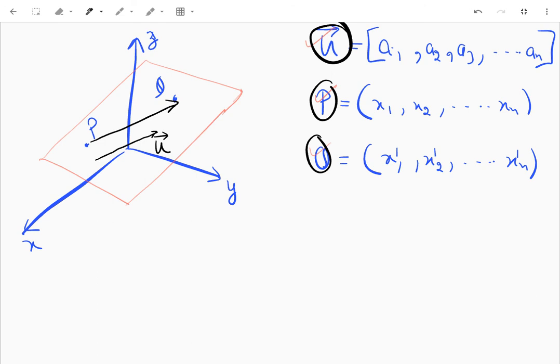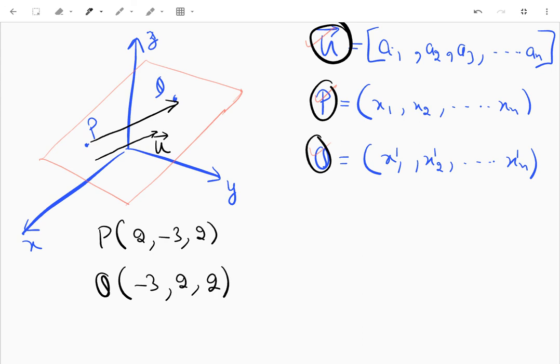Let's take our points to be, let's take p equal to 2, minus 3, 2, and let's take q equal to minus 3, 2, and 2. Okay, right.